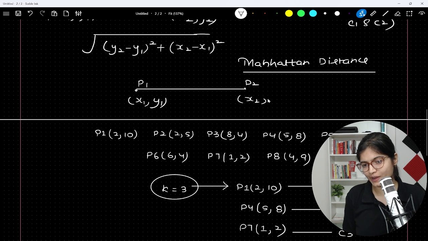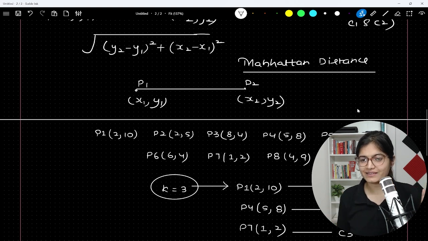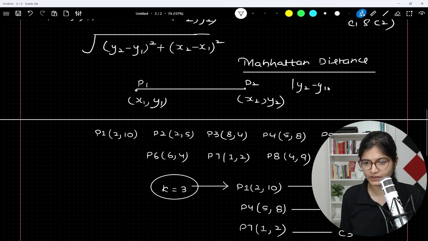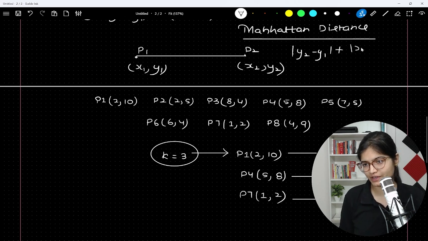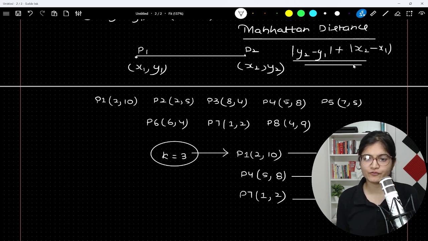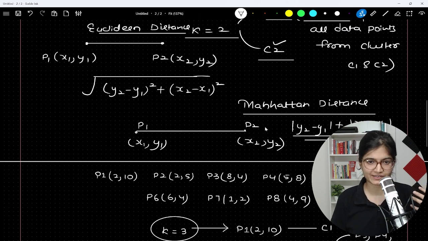And this is x2 and y2. So Manhattan says that we will take the absolute difference between the value of y2 minus y1, plus the absolute difference between the value of x2 minus x1. So this is the way to evaluate a Manhattan distance.